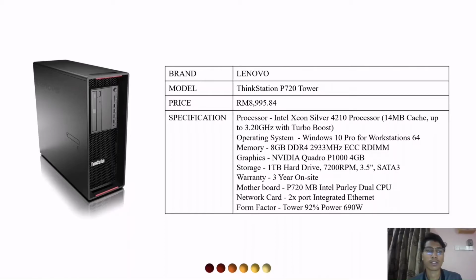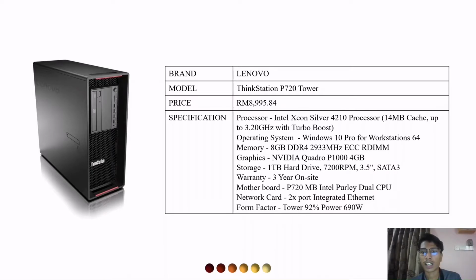Operating system for the server is Windows 10 Pro. Memory installed in the server is 8 gigabyte DDR4 2933 megahertz, and graphics installed in the server is NVIDIA Quadro P1000, which is 4 gigabyte.